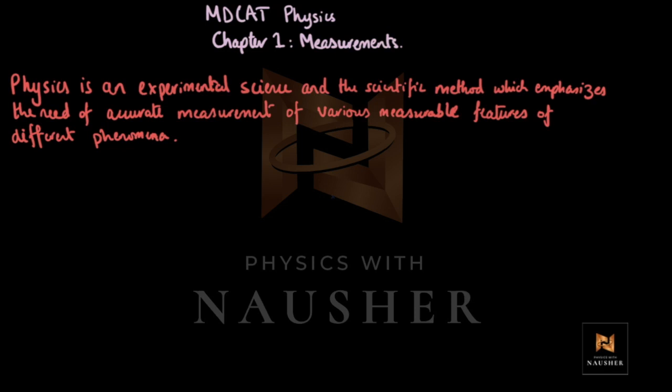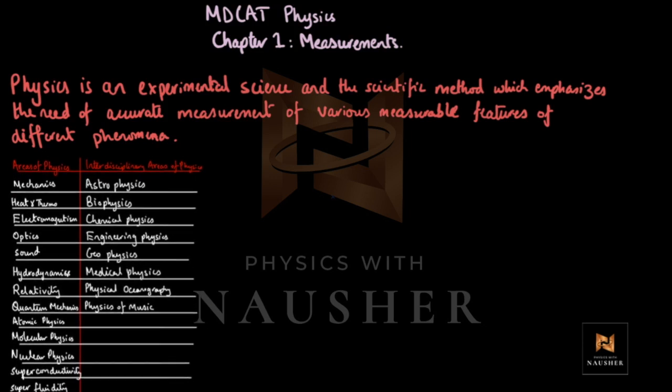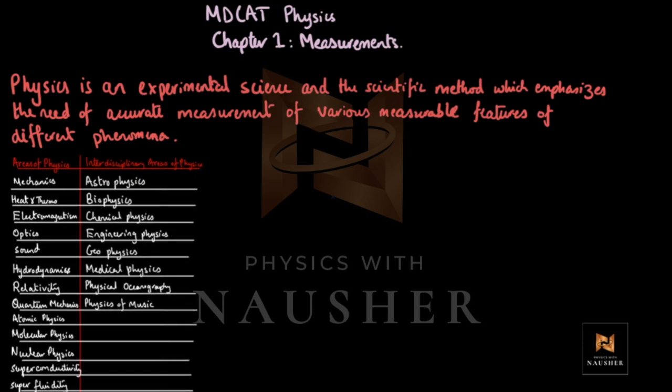Now, they clearly distinguish two things. One is the areas of physics, and the second is the interdisciplinary areas of physics. Areas of physics means the domain that is within physics. Interdisciplinary means it is not completely within physics, but overlaps with physics. Now you should know these things, because tomorrow they can ask in the paper: is electromagnetism an interdisciplinary area of physics, yes or no?